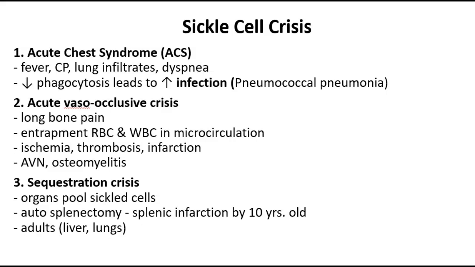So we'll talk about that more in a minute. And the sequestration crisis. So that's basically the organs get attacked. So the autosplenectomy. So basically, by the time a person is 10 years old that has sickle cell, often their spleen has already been destroyed.